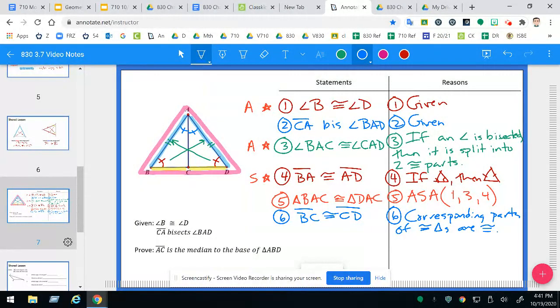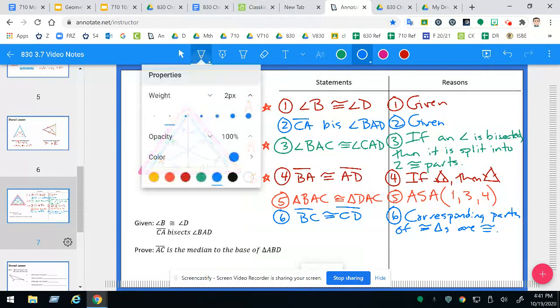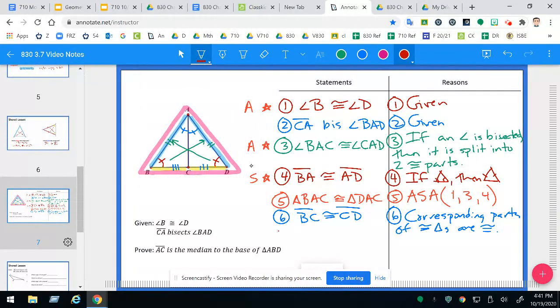All right, now we've got these 2 segments congruent. Now we're ready to talk about AC being the median to that large triangle ABD, because it's got everything that's in the definition. It's drawn from the vertex, which is A up at the top, and it splits the opposite side, which is BD, into 2 congruent parts, all right? So that does what a median does.